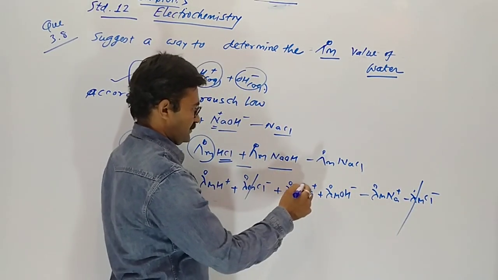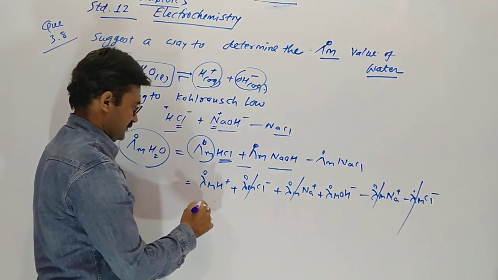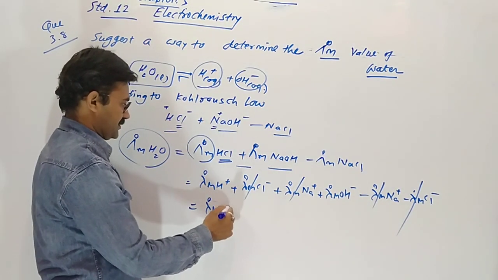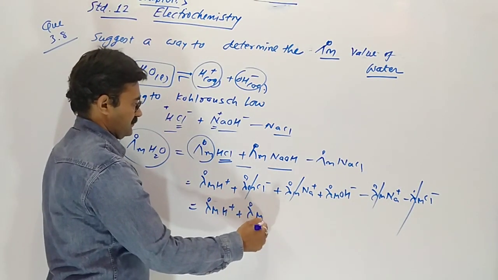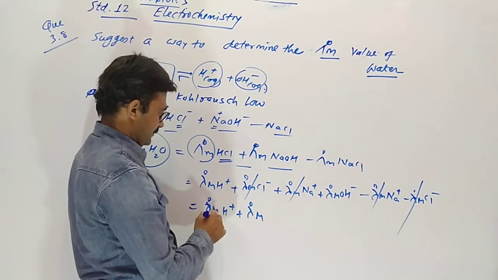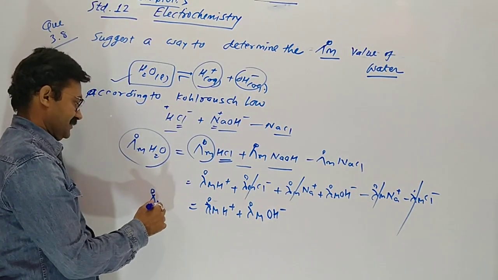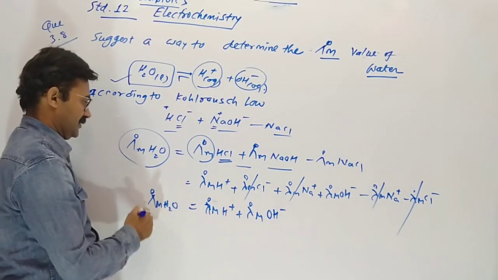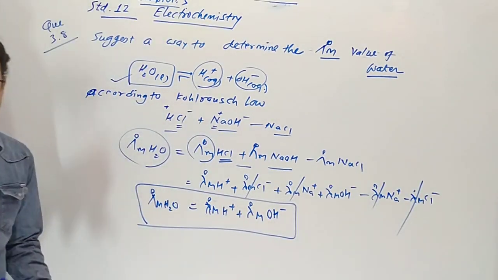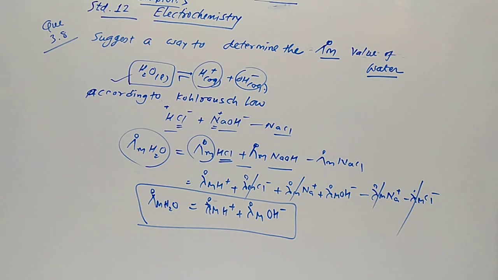Cl cancels, Na plus cancels. So we get lambda degree m H plus and lambda degree m OH minus. It gives the infinite molar conductivity of water. Understood? By using Kohlrausch's law we can determine this. Understood, student?